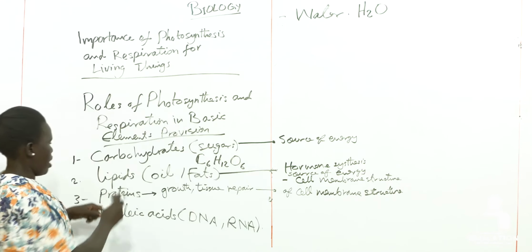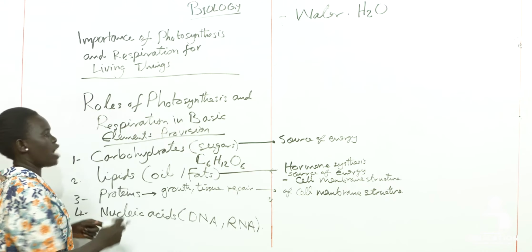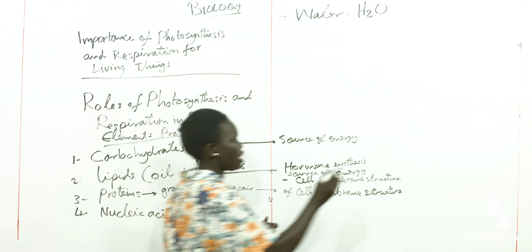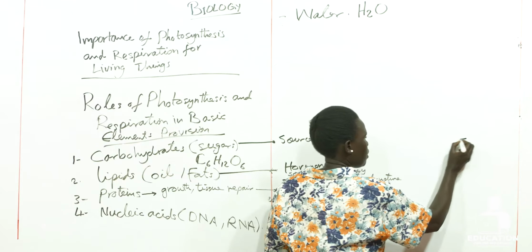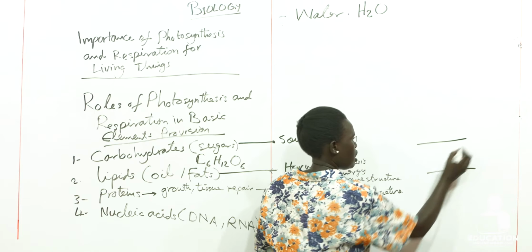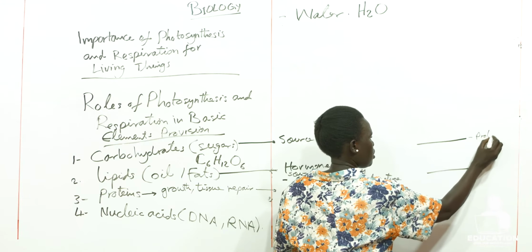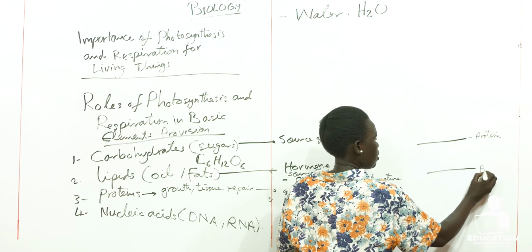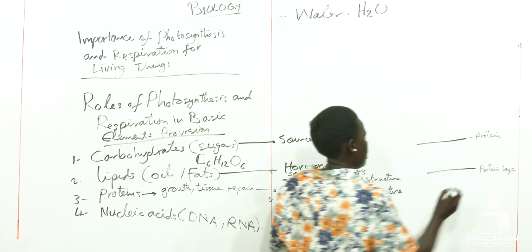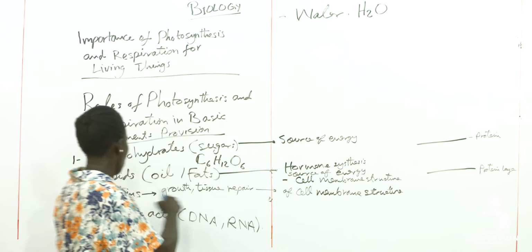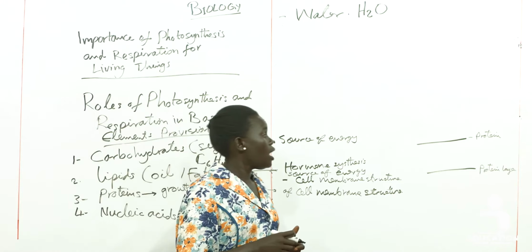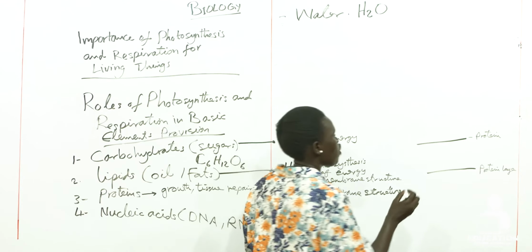So from here we have learned that lipids and proteins are units that make up the cell membrane structure, because the cell membrane is like this. It's made up of layers, two layers of protein. These are the protein layers, then one layer of lipids is sandwiched between the two protein layers. That is called phospholipid.